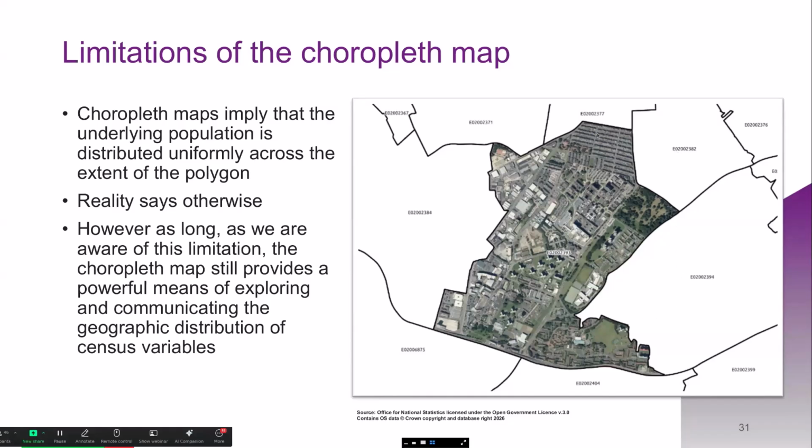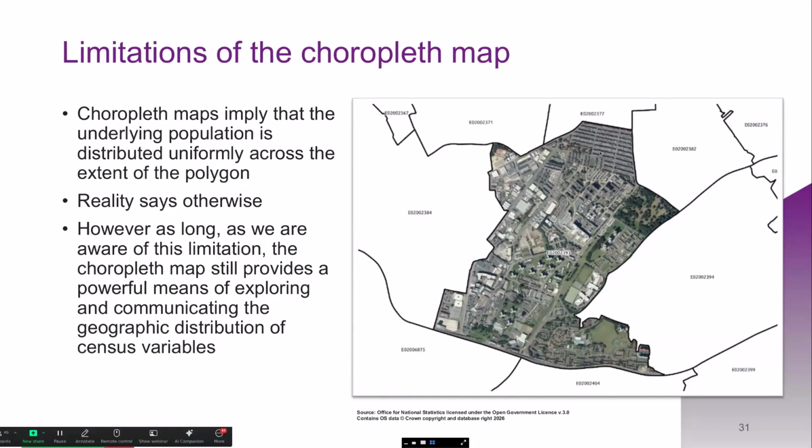Across this is a single polygon, and you can see the underlying aerial photography. Where people actually live is here, but not here. There's all this area of space which is occupied by parkland or industry or something. So if we were to shade this all one color, it gives a false representation of where the population are actually located.